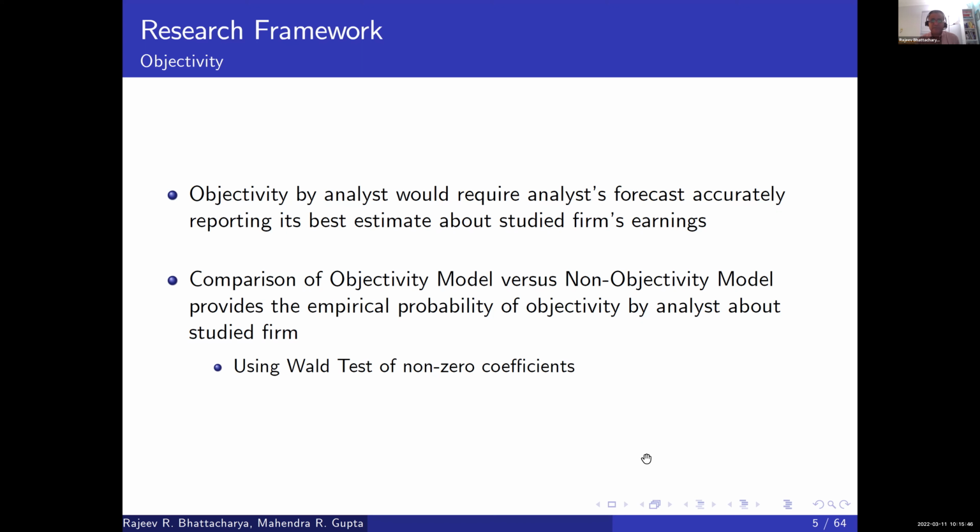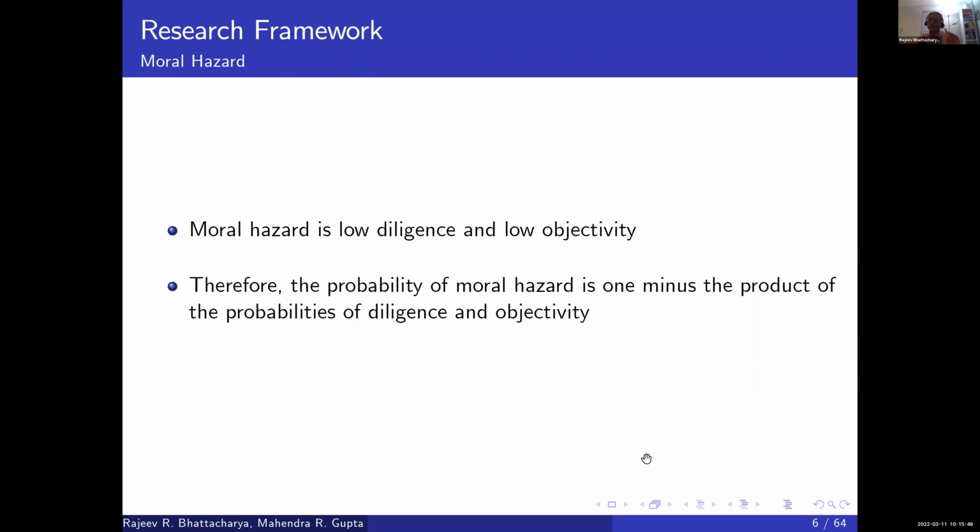Once you have diligence and objectivity, moral hazard follows, because moral hazard is low diligence and low objectivity. Therefore, because we have some independence conditions, the probability of moral hazard is 1 minus the product of the probabilities of diligence and objectivity.